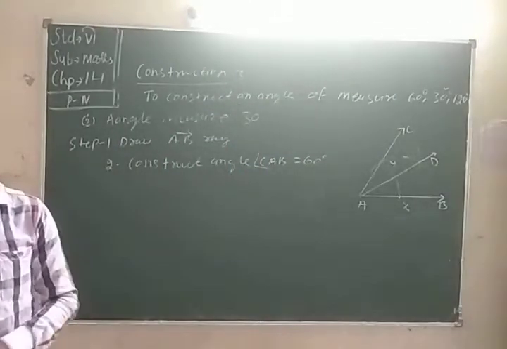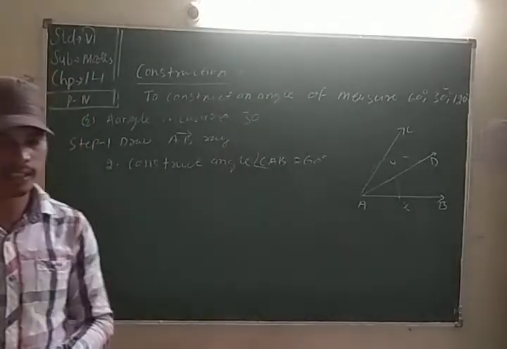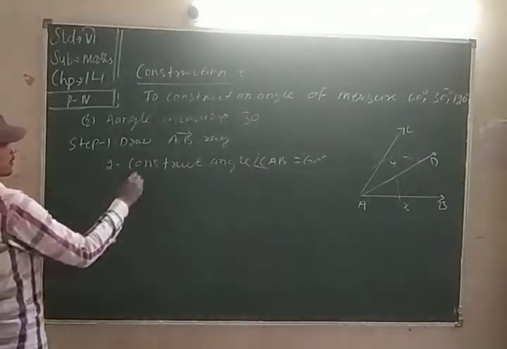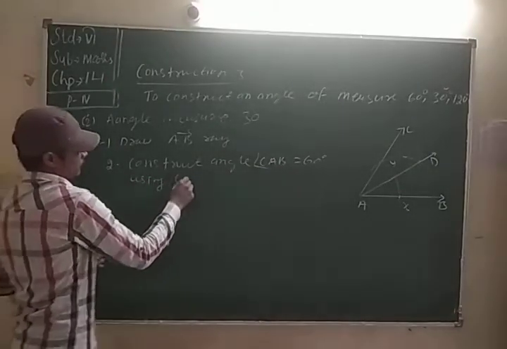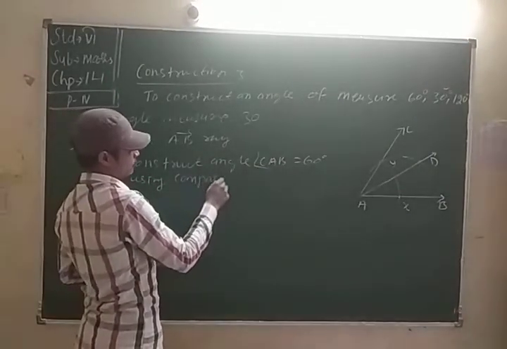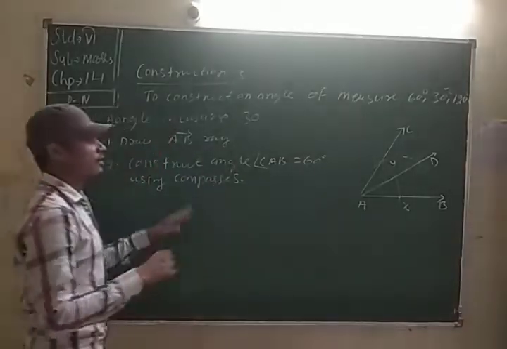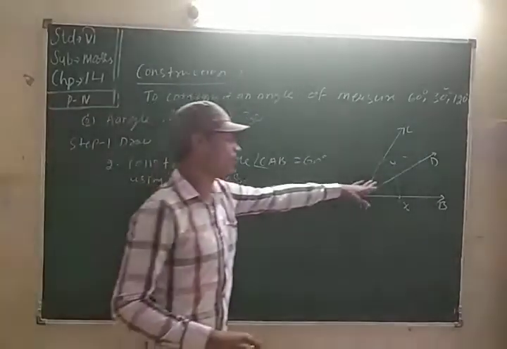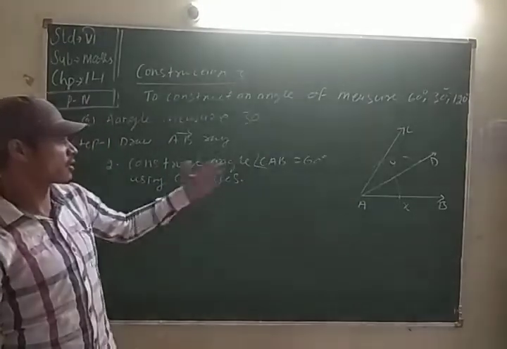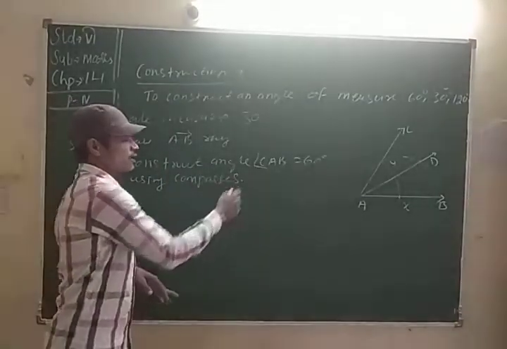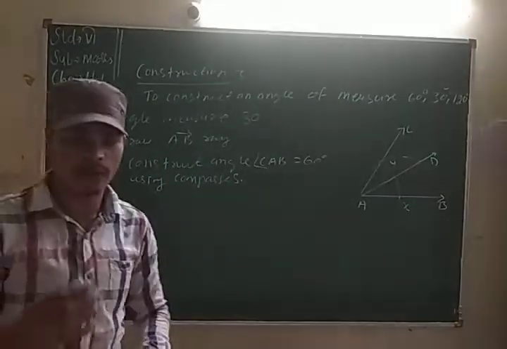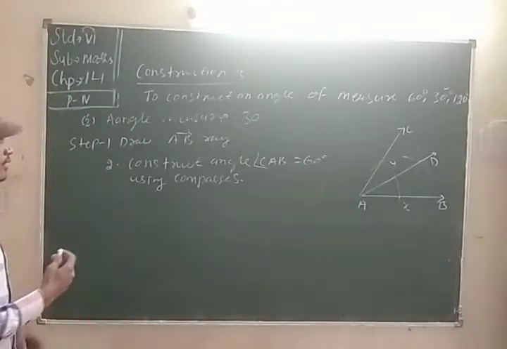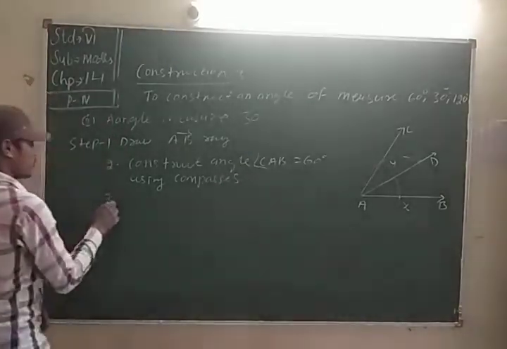Already I taught in the question, CAB equal to 60 degrees using compasses. We already learned the construction of 60 degrees. Then after constructing 60 degrees using the compasses, we can draw 30 degrees. Then how can we draw 30 degrees? Construct.